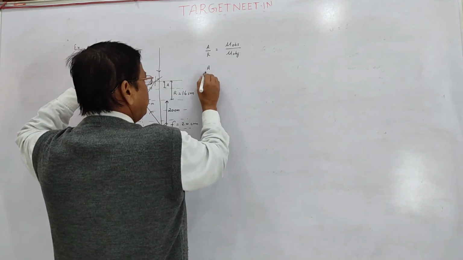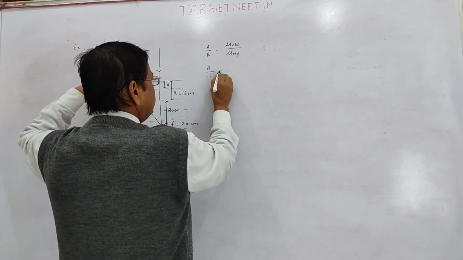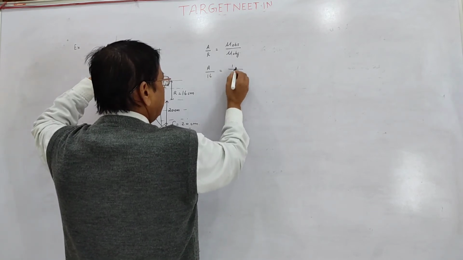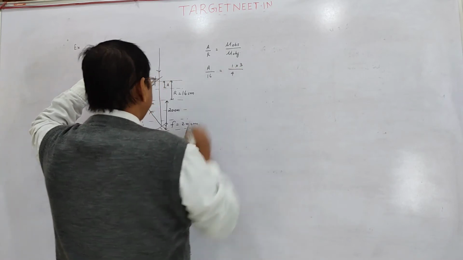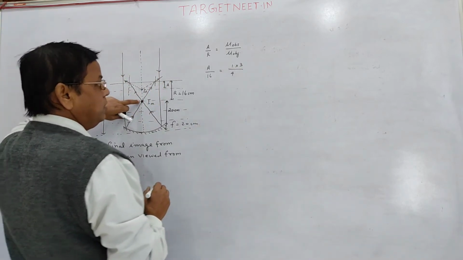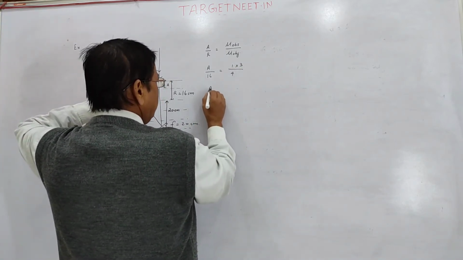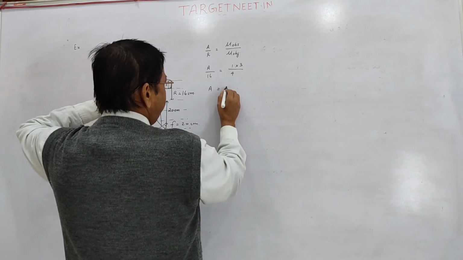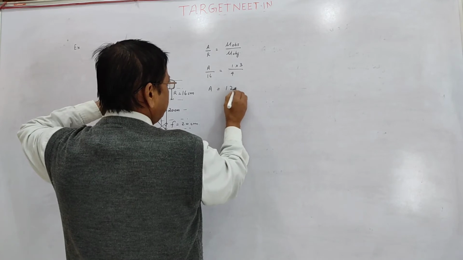So A we have to find, real is 16, where the observer is in air and the object is in water. So A will be 12 centimeter.